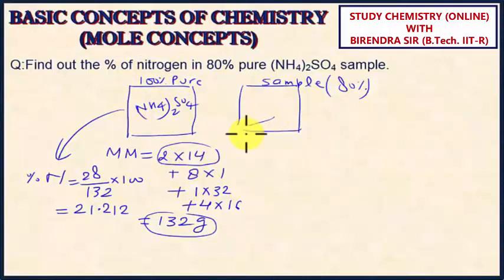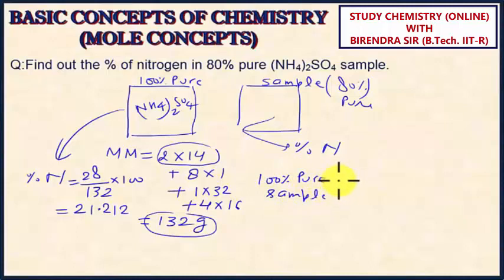Now we have to find percentage of nitrogen in 80% pure sample. What will you do? Unitary method. What can I say here? 100% pure sample implies how much nitrogen? 21.21% nitrogen.